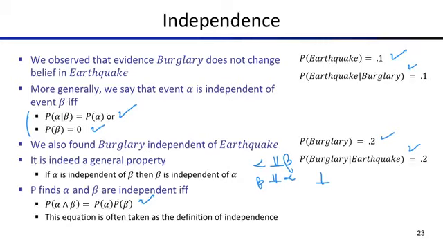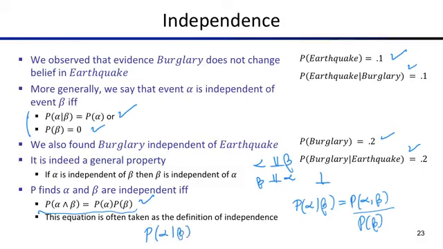So if you think that the probability of alpha given beta is equal to the probability of alpha and beta divided by the probability of beta, right? And if these two events are independent, we can take this property here, and you're going to write that the probability of alpha given beta is going to be equal to the probability of alpha times the probability of beta divided by the probability of beta.